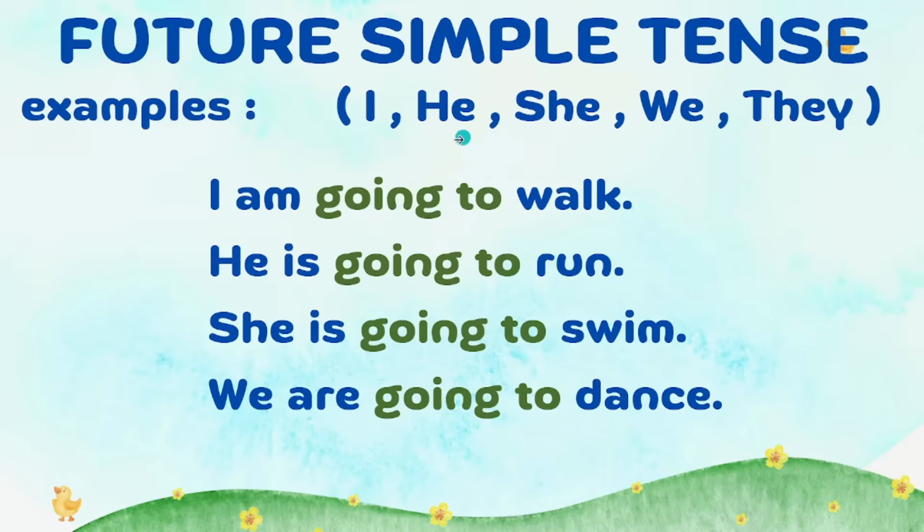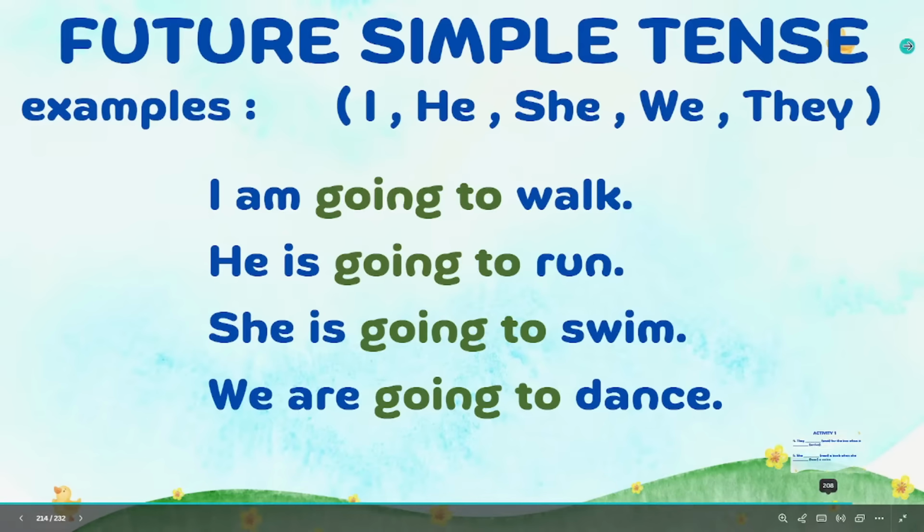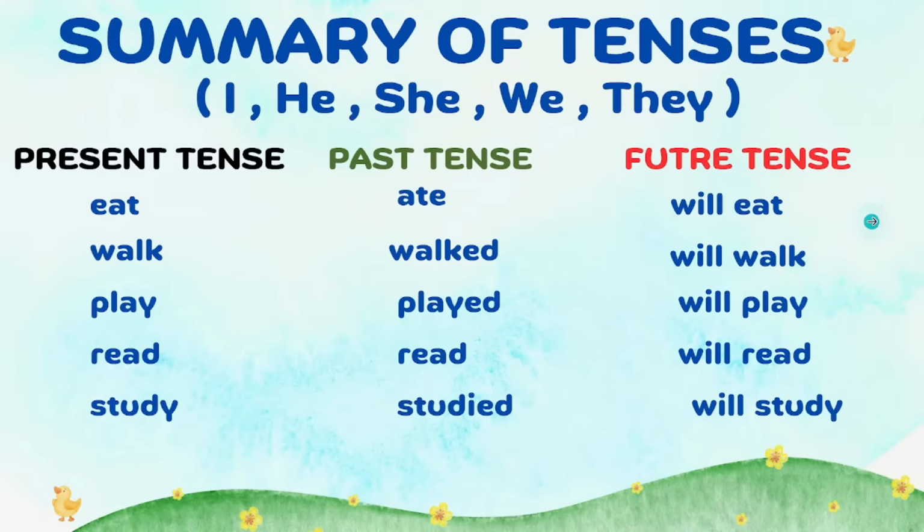So, examples: I am going to walk. He is going to run. She is going to swim. We are going to dance. That's the examples for that.